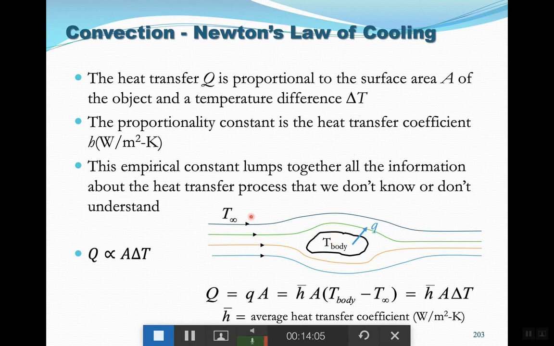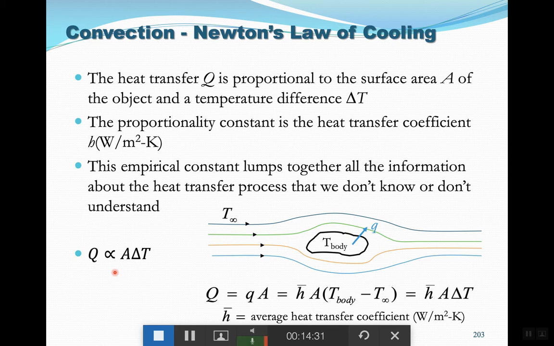The temperature difference between the free stream temperature, T infinity, and the body temperature. And again, don't forget, this is a proportionality. So the Q in convection is proportional to the surface area of that object and the temperature gradient between the body and the free stream flow.